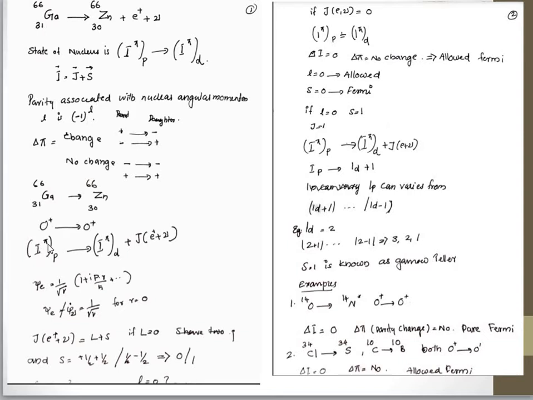and we know that the total angular momentum I pi of the parent is equal to I pi of the daughter plus j of the electron and neutrino.